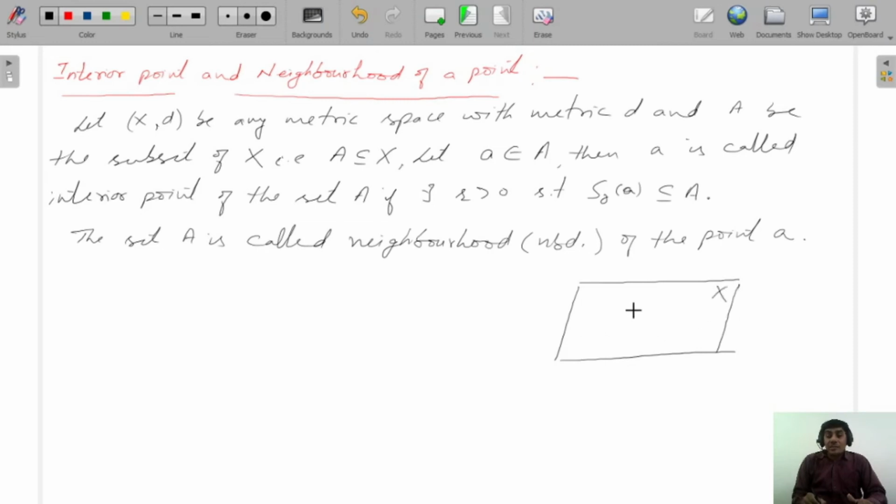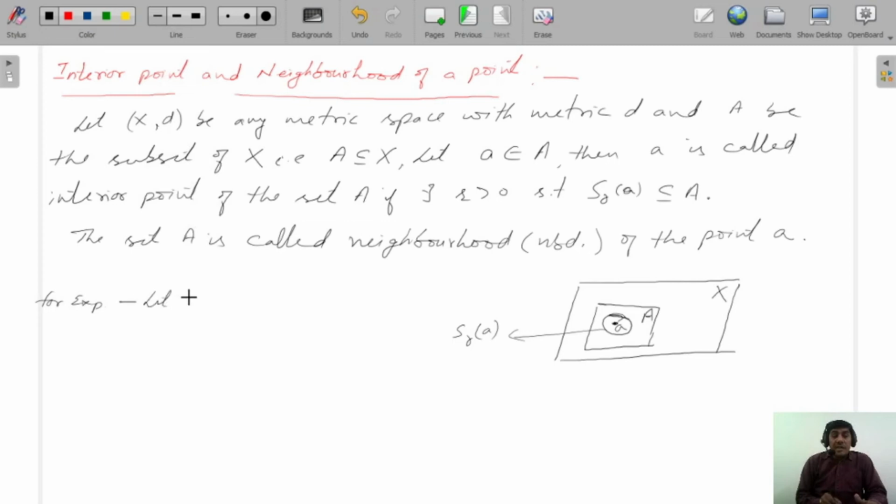Suppose this is X. A is any subset of capital X, and small a belongs to capital A. We draw a sphere centered at a with radius R, and this sphere is contained in capital A. Then the point small a is the interior point of capital A, and capital A is the neighborhood of small a.